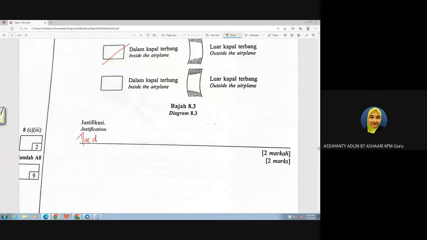The design of the window resists deformation caused by the extreme difference in pressure.